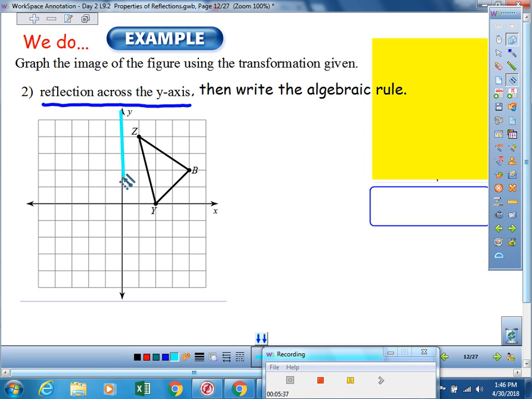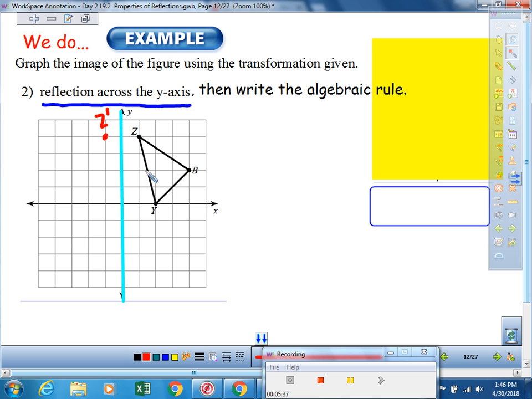I want you to highlight the y-axis. And then you just take each point and you count towards the line. So like the Z is 1 away, so you go 1 away on the other side and label it Z prime.